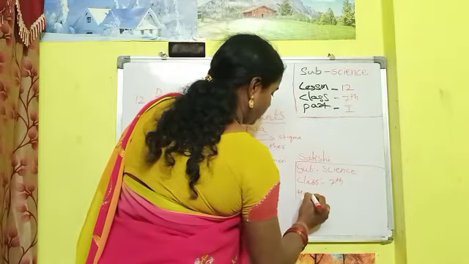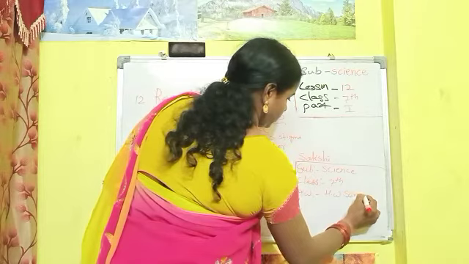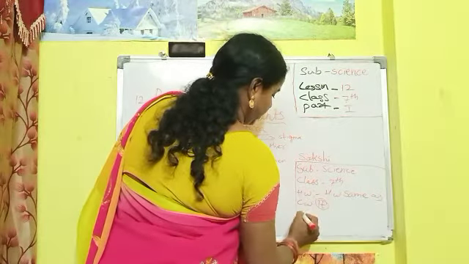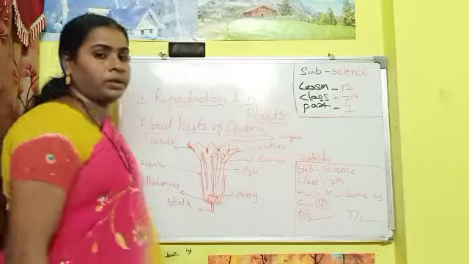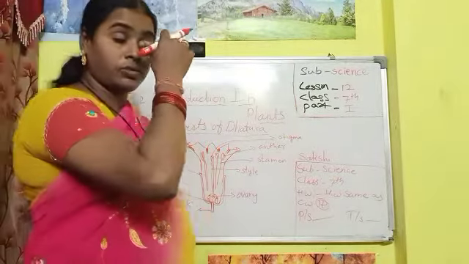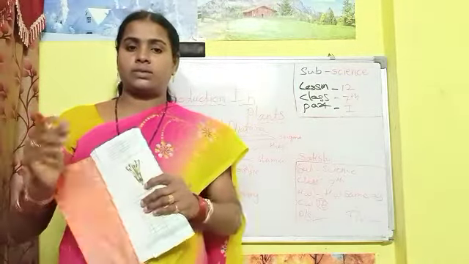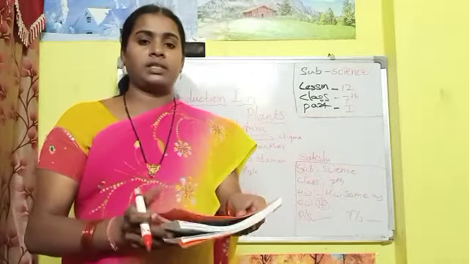And HW, you write HW same as classwork. Here parents sign, and here teachers will give the sign when the school reopens. Whatever diagrams we drew in the classwork, you have to copy the same in the HW book. That is the homework.